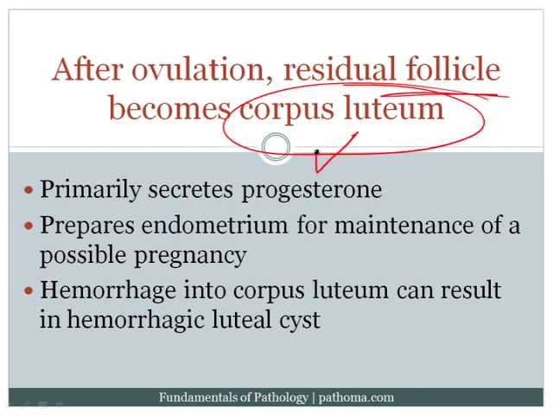The corpus luteum primarily secretes progesterone, which is going to prepare the endometrium for the pregnancy. It is possible when you have a corpus luteum to get bleeding into the corpus luteum, and that would be called a hemorrhagic luteal cyst. And that's one way by which you can have a quote-unquote mass within the ovary, but it would actually not really be a mass, just a problem of bleeding into a corpus luteum.